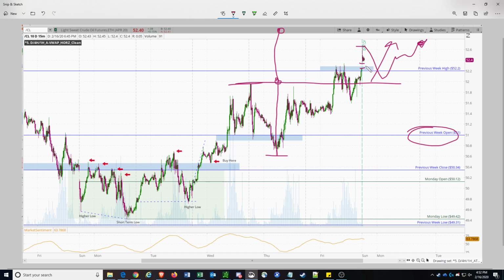We'll see if we put in a high. So we got a lower high here. Let's see if we can print a high here, and see if we can take this high out again. If we trade down here and we bounce off, if we do not get up over to today's high, maybe we've got a short-term high here, and we'll retrace a little bit during the week for a nice buy opportunity.